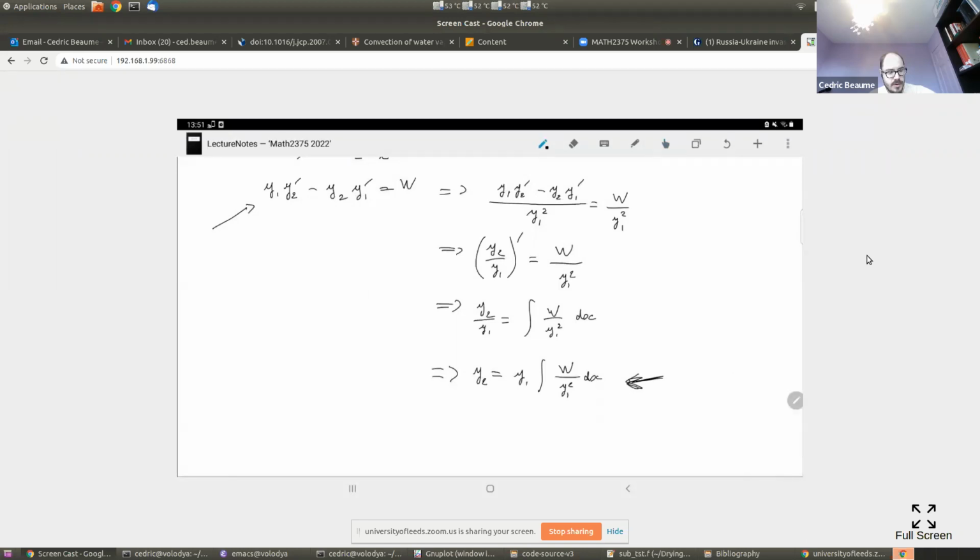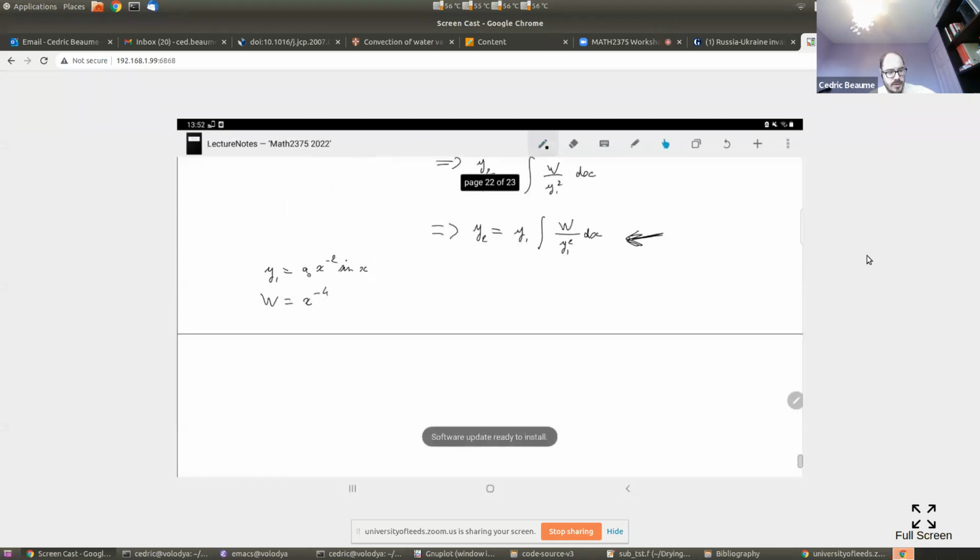Anyway, what we're going to do there is plug in the functions that we have. So remember, y1 is a0 (x minus 2 sine x), and the Wronskian is x to the minus 4. Okay, let's see what that gives. So y2 equals y1, so we get a0 (x minus 2 sine x) times w, which is x to the minus 4, over a0 squared, sine squared x, and that's dx.